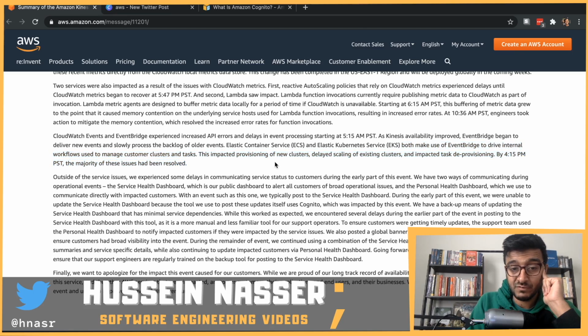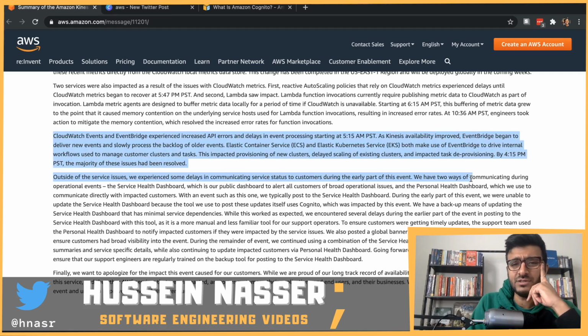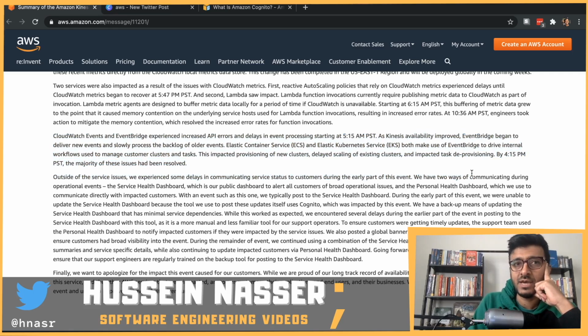This impacted provisioning of new clusters, delayed scaling of existing clusters, and man, this one is serious, guys. I didn't realize how serious this thing is. So Amazon Kinesis is the heart of the entire AWS system, looks like it. Man, that wasn't a fun day for AWS.